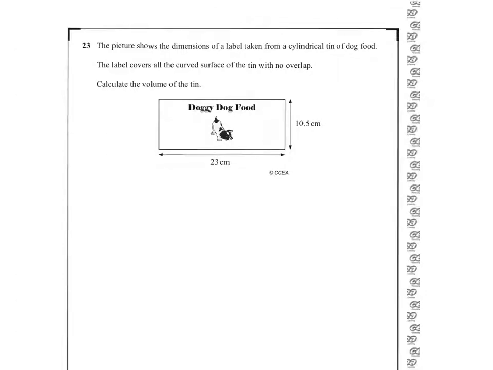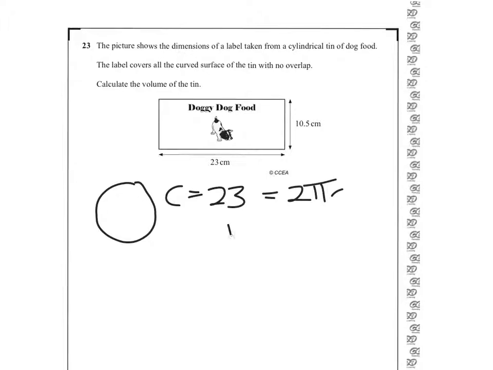Whenever we curl this label round, the 23 will become the circumference of the circle. To work out the volume, we need to know the area of the circle, and we're going to use the fact that the circumference is equal to 2 pi r. That means the radius will be 23 divided by 2 pi, which is 3.66.